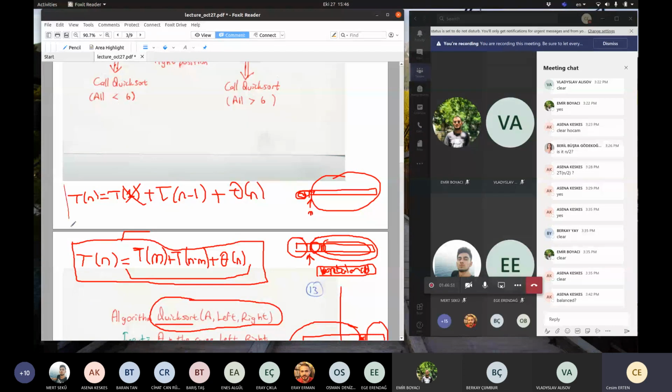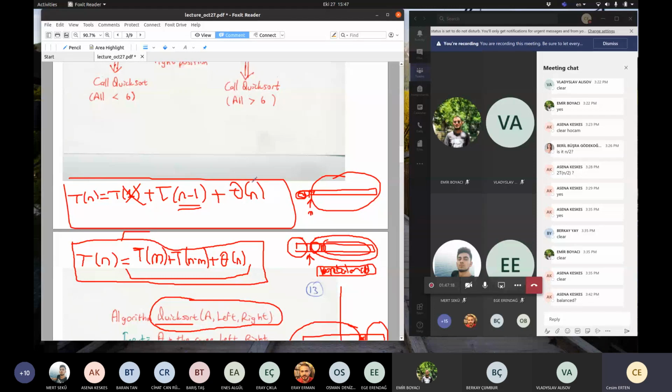So in the worst case, if the partition divides the whole array in a very unbalanced way, such that in the left no element remains and all n minus 1 elements are in the right subarray, then this is the recurrence.